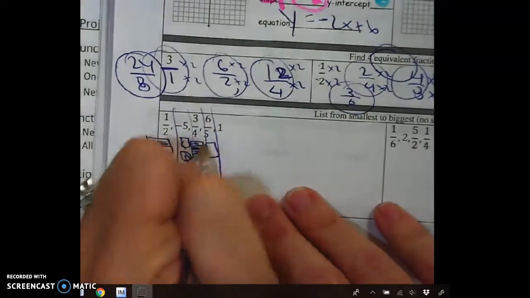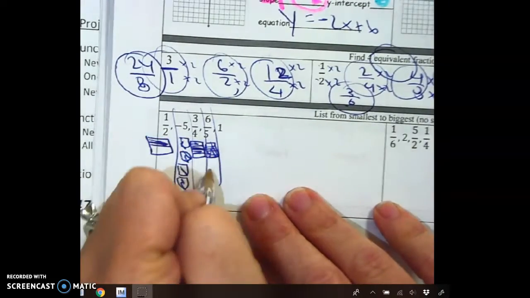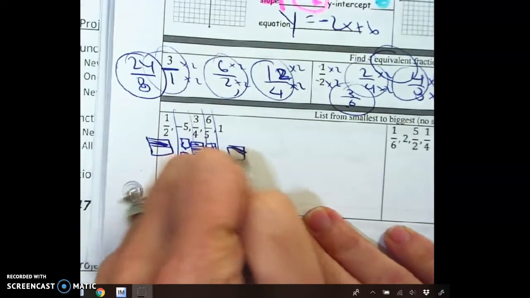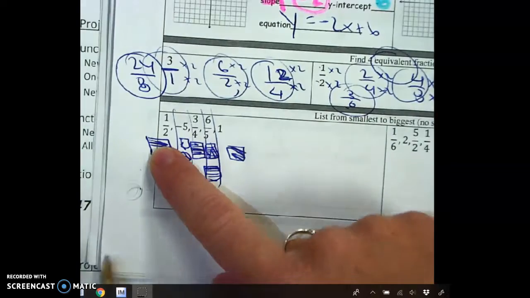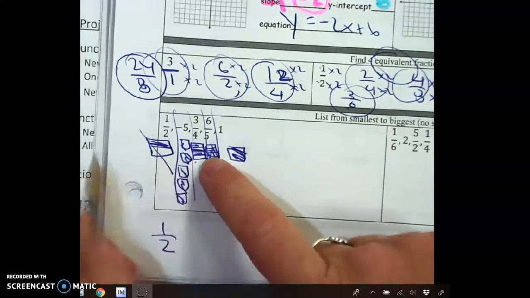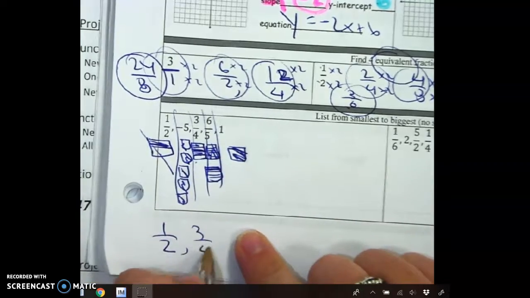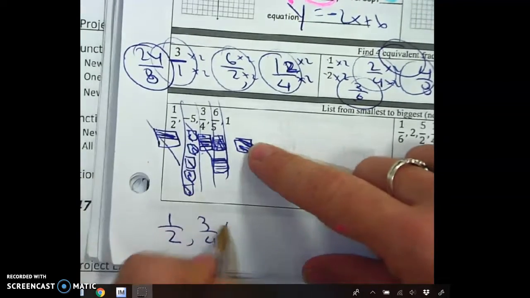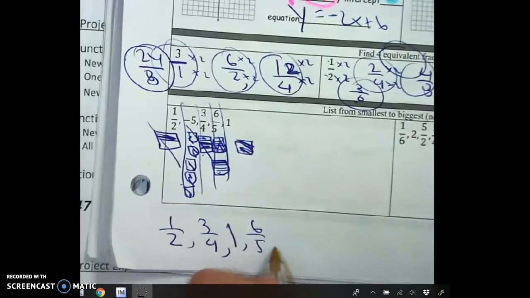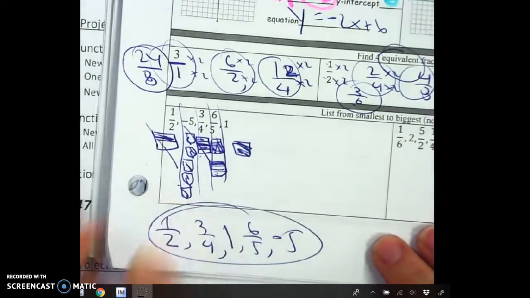This one is 1, 2, 3, 4, 5. Fill in. And this one's 1. So this is less than 1. So that's done. This one's also less than 1, but it's a little bit more. This one's equal to 1. That's a little bit more than 1. And then -5. Okay.